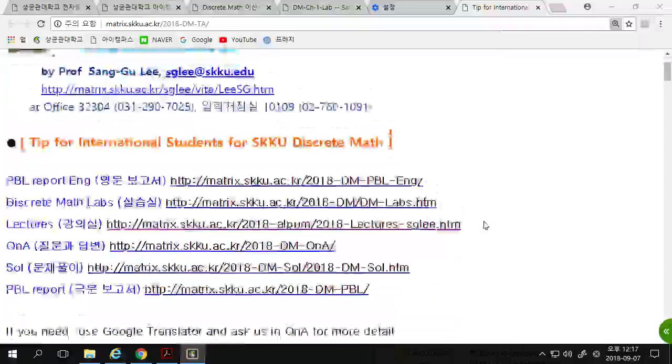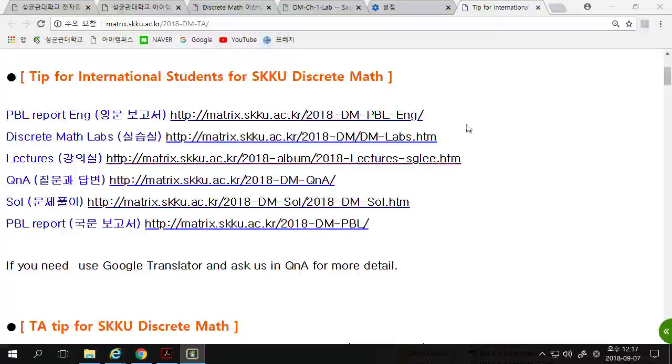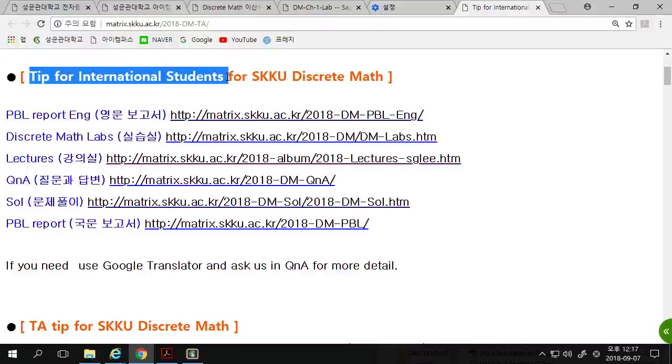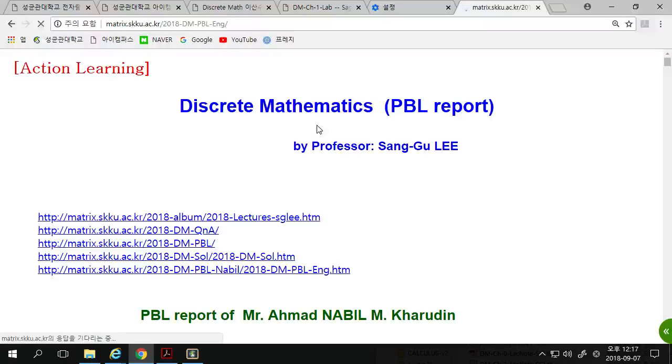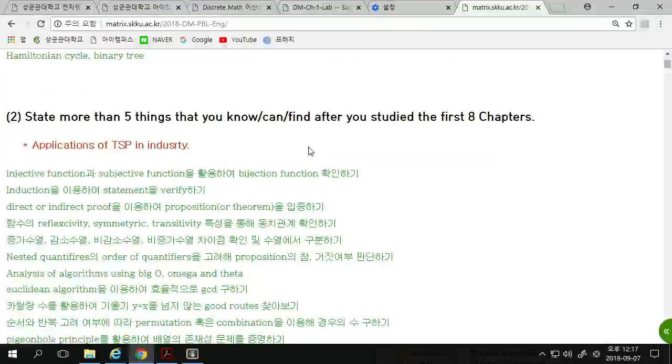This page was made by my previous teaching assistant, Miss Lee, and she wrote some tips for international students for the discrete math class, including this PBL report in English, which will be counted about 30% at the end.